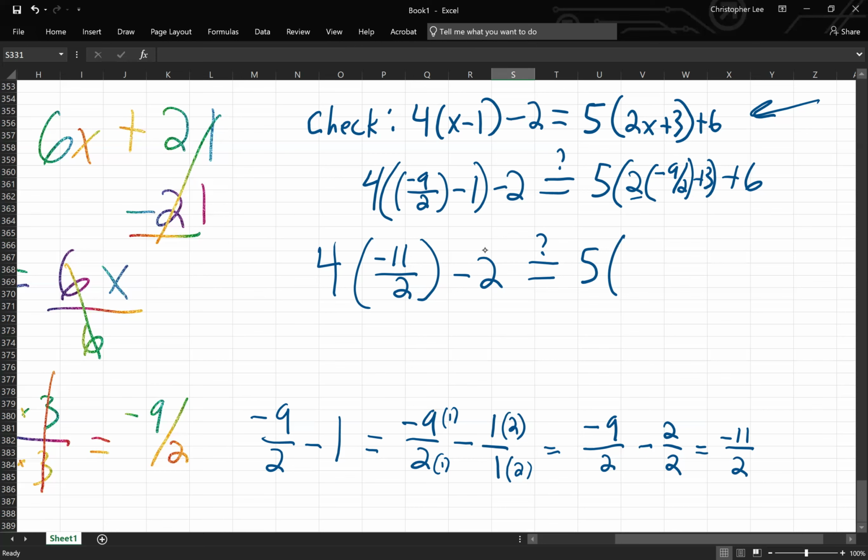Because remember, this is 2 over 1, right? And negative 18 over 2 is, when you simplify that, what's half of 18? 9. Right? So it's negative 9. The easy way to have done that would have been to just cancel out the 2's, and then you have negative 9. All right? Okay, plus 3, plus 6. All right? What should I do next? What do we think?